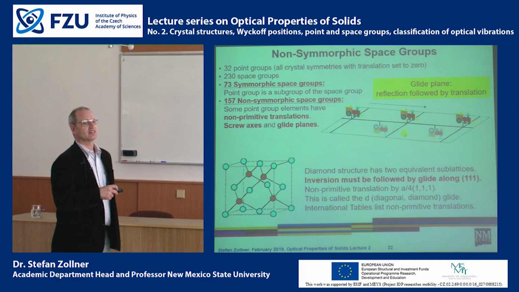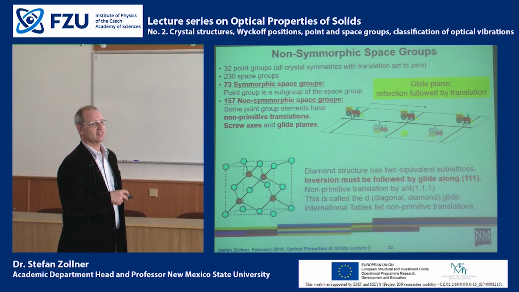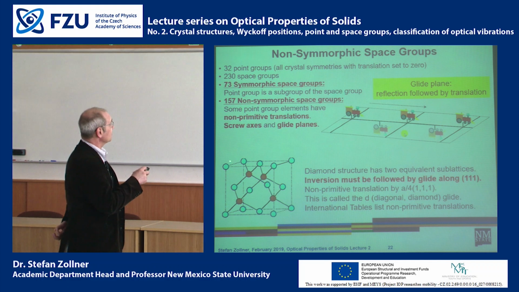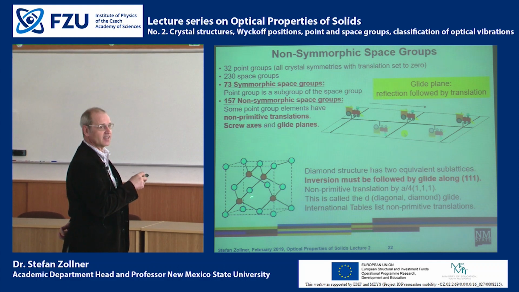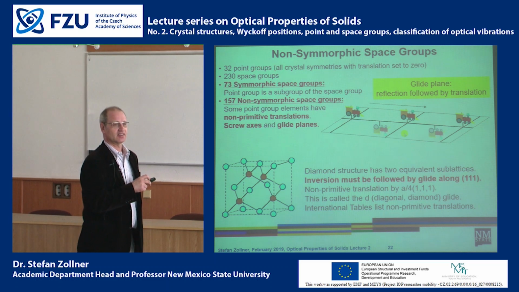Okay, understood. But every point from this set of red balls or red atoms could be obtained by pure translation a/4 times 1, 1, 1, as you have mentioned. The blue points form a Bravais lattice, and the red points also form a Bravais lattice.